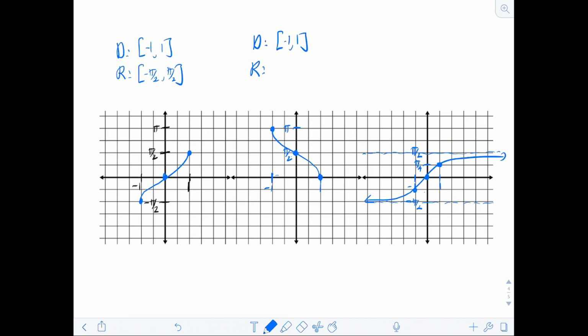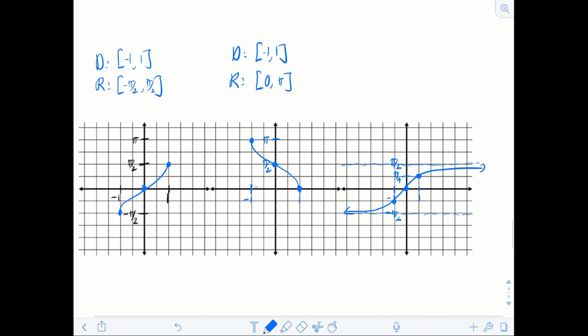Remember, that's our x value, and the range goes from 0 to pi. Okay, and then the last one, our domain for this one is actually going to be all real numbers, while our range in this case is going to go from negative pi over 2 to pi over 2. Now you'll notice that these are with parentheses, and since I have those asymptotes, that means that the graph is going to get infinitely close to those but never actually touch.